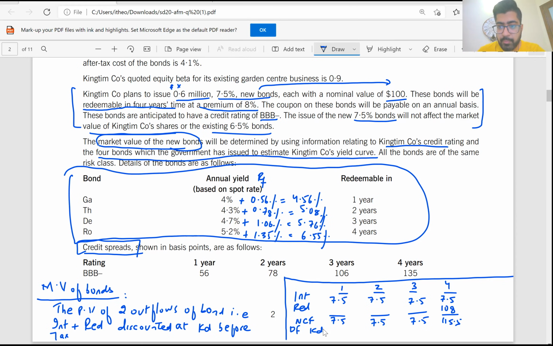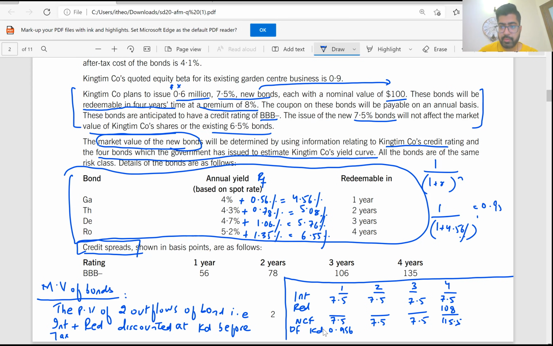Now the discount factor formula, you know, is 1 upon 1 plus R power N. So for the first year, the discount factor is 1 upon 1 plus R, 4.56%, power N is 1. So the factor for the first year is 0.956.